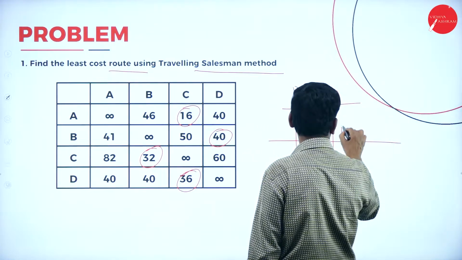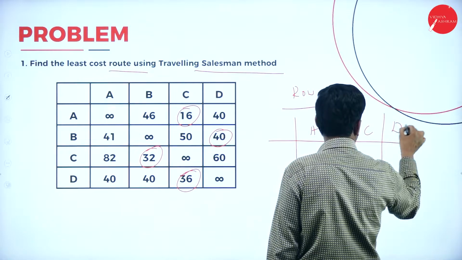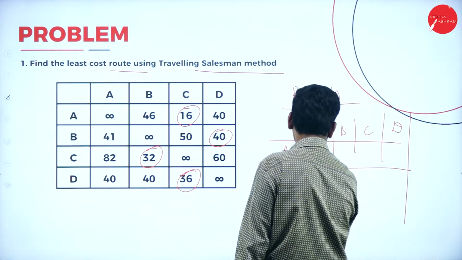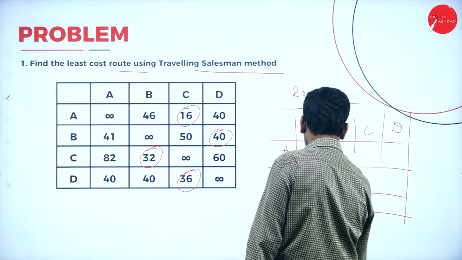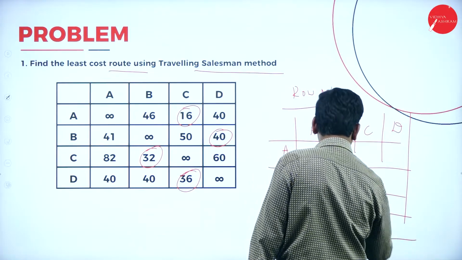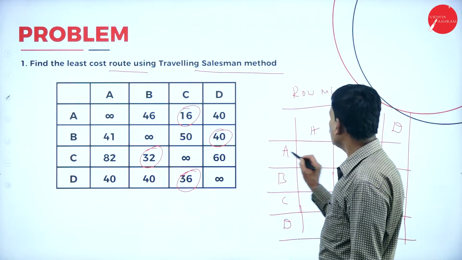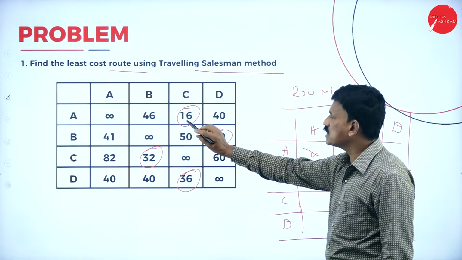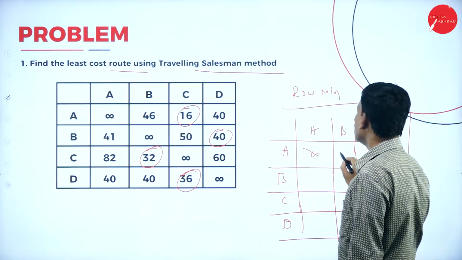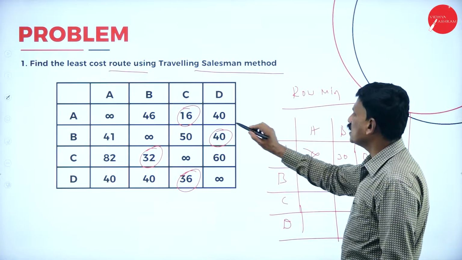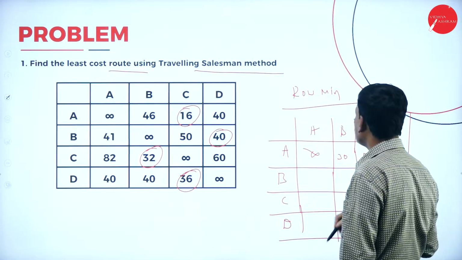This is A, B, C, D. Okay, now row, this is infinite, least value is 16, 46 minus 16 is 30, then 0, 40 minus 16 is 24.